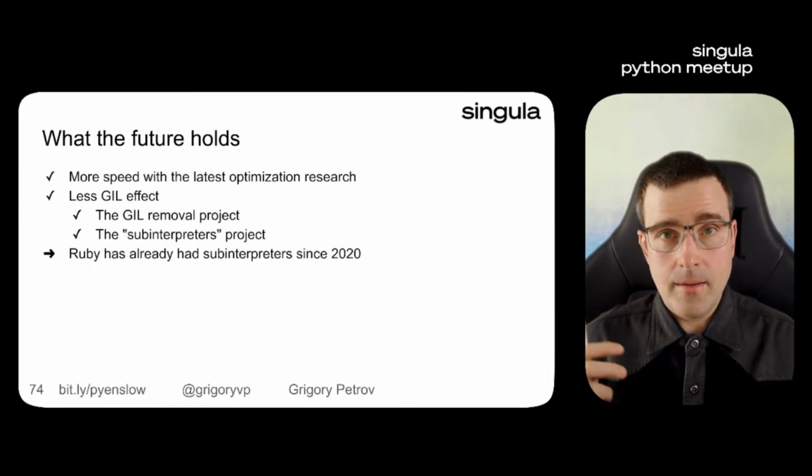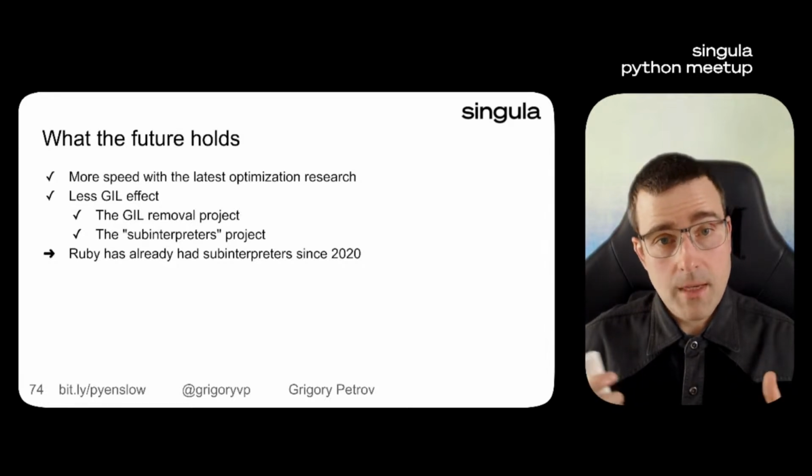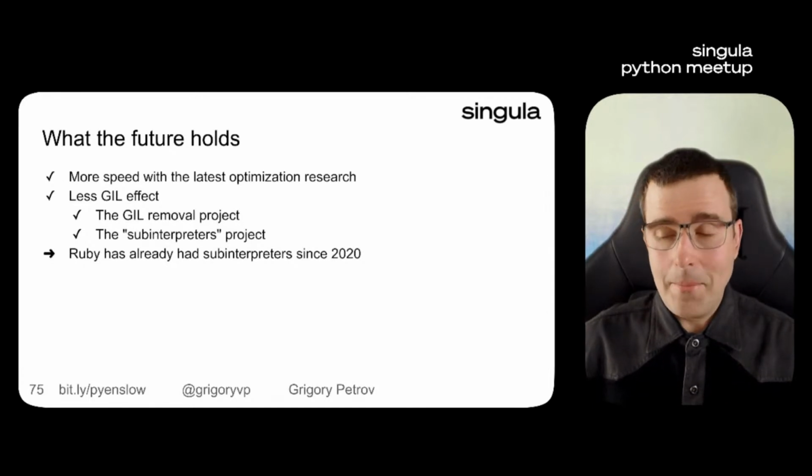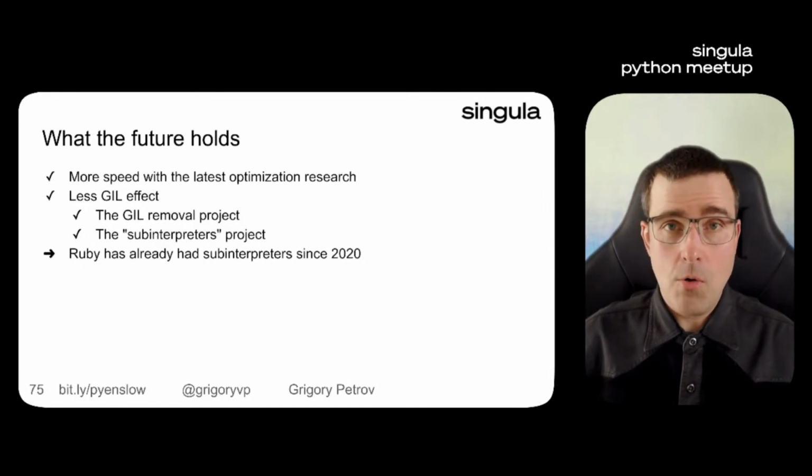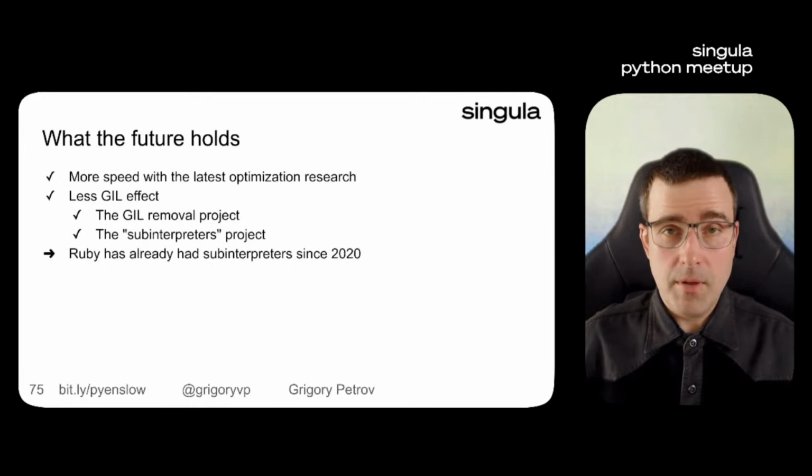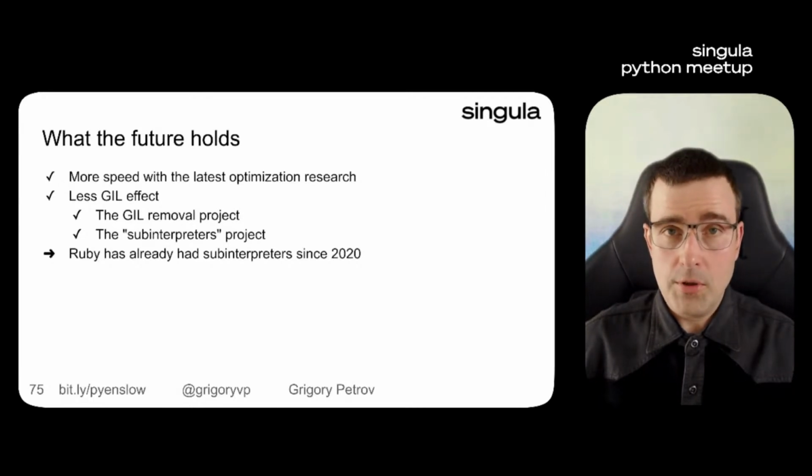And garbage collection and memory management kill performance gains very, very fast. I don't know how sub-interpreters will be implemented in Python 3.12, and we will learn it at the end of the year.